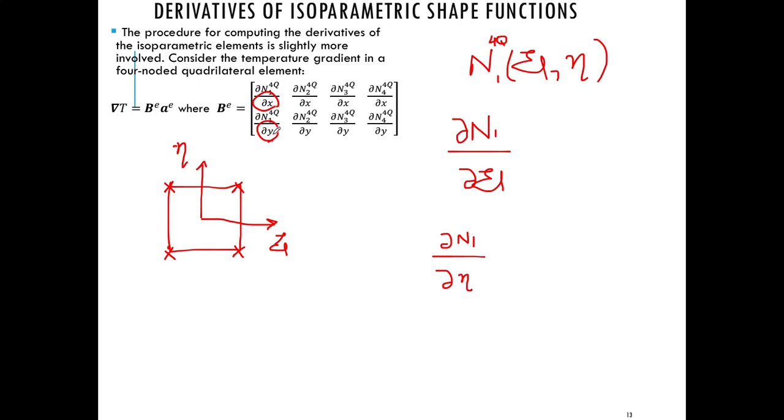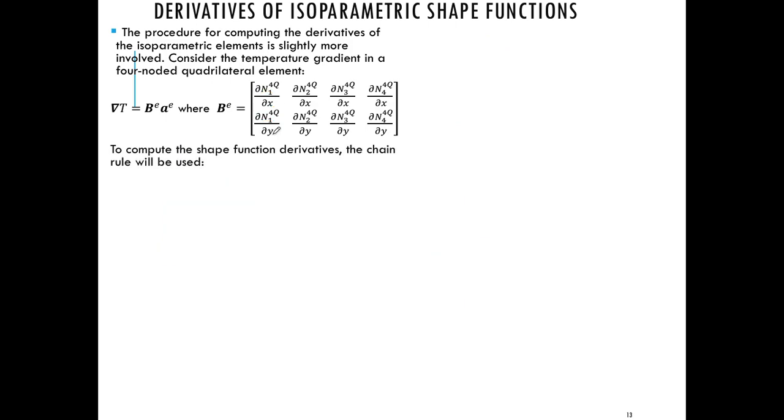So first of all, what we had already discussed in 1D is that we use our chain rule. Recall that I can represent my derivative of n1 with respect to del psi using the chain rule in 2D as a derivative with respect to x, so del n1 by del x multiplied by del x by del psi, plus also any other variable that n1 may depend on, in this case y.